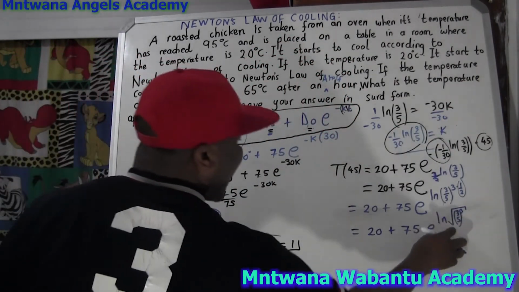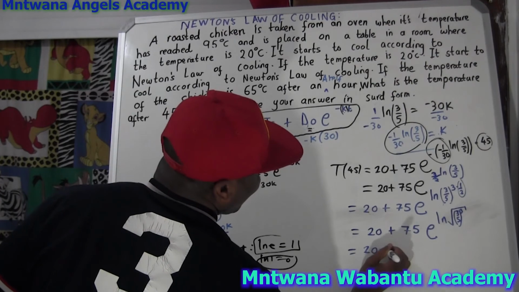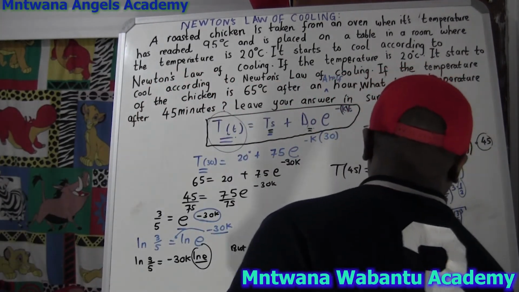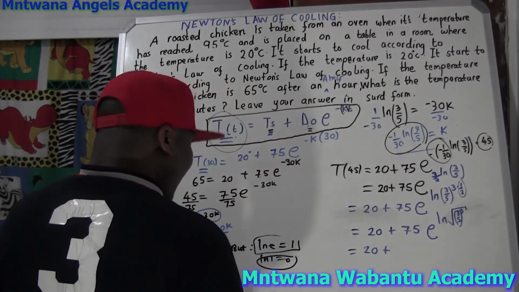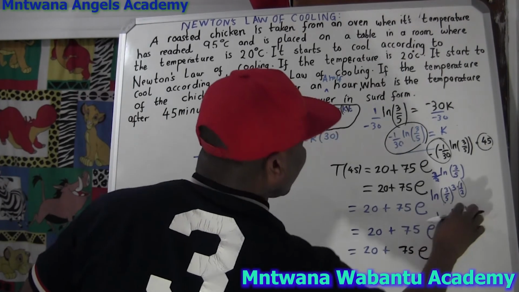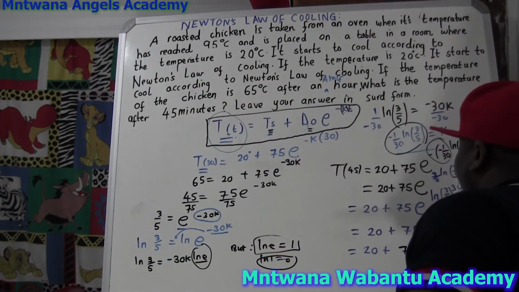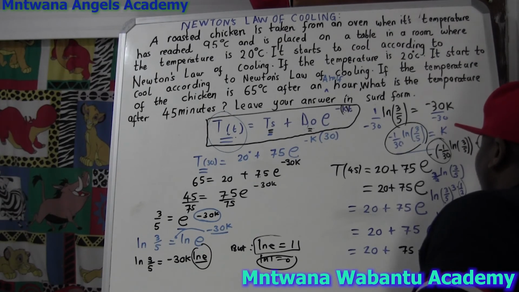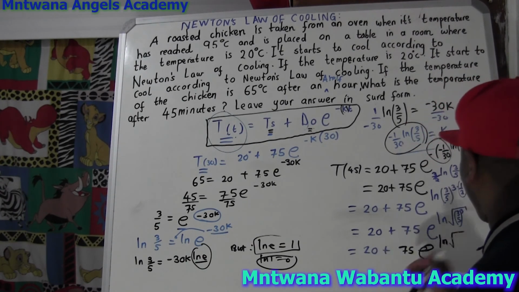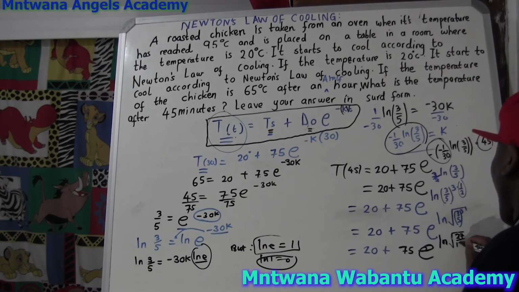You can just simplify, or you can say 20 plus 75 e to the ln of the square root of 3 cubed, which is 27, over 125, because 5 times 5 times 5 is 125.